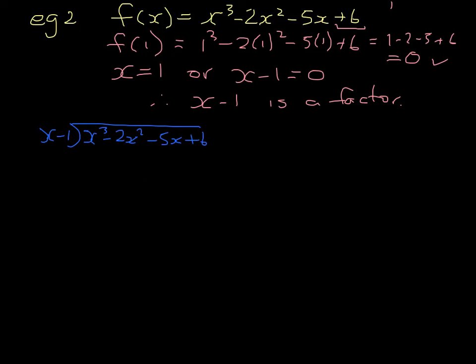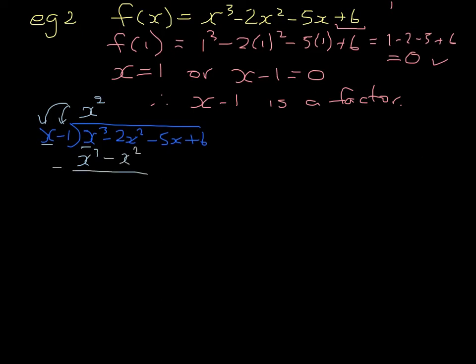So first step I'm going to do here is the x cubed divided by the x out the front gives us x squared. And then we need to multiply that by both the terms out the front. So x squared times by the x gives us x cubed. And then x squared times by -1 is negative x squared.